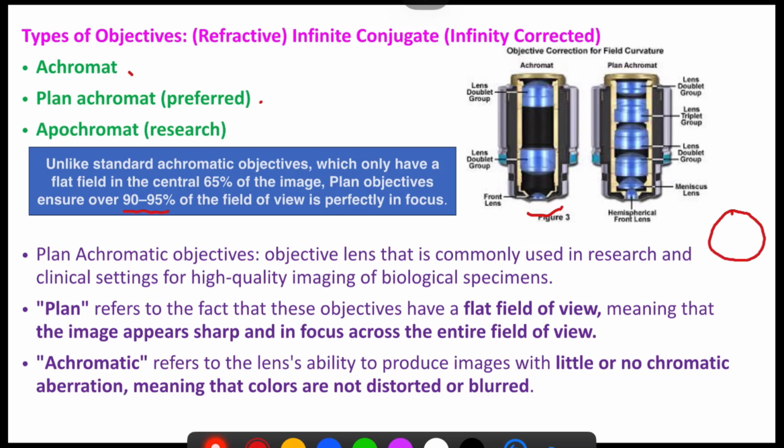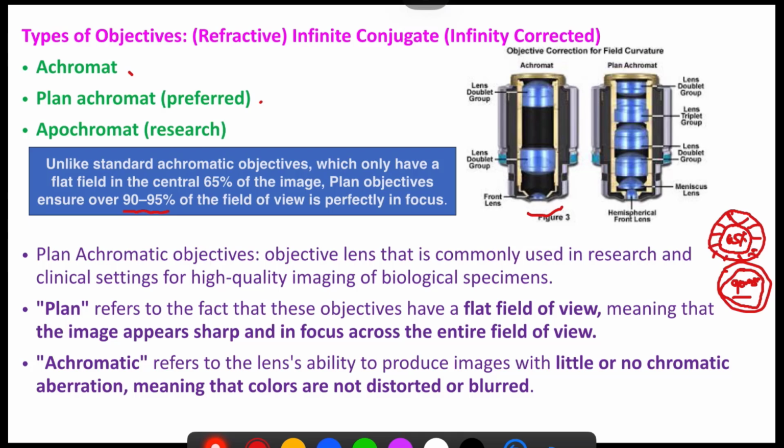If we use an achromat lens, we can clearly see the central portion of about 65%, whereas with a plan achromat, we can use about 90 to 95% of the field of vision, which is flat. The rest of this area will show blurred vision.